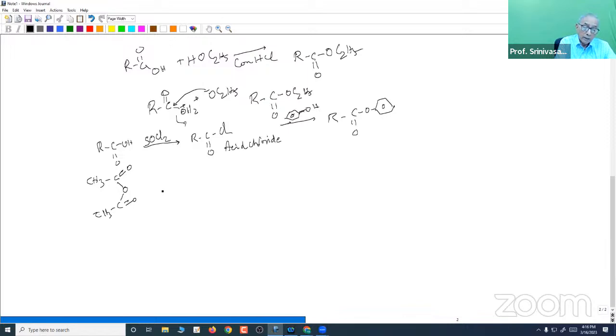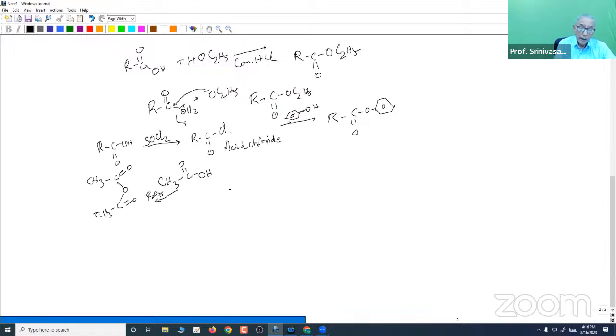This is formed by reacting two molecules of acetic acid with a dehydrating agent, like P2O5.